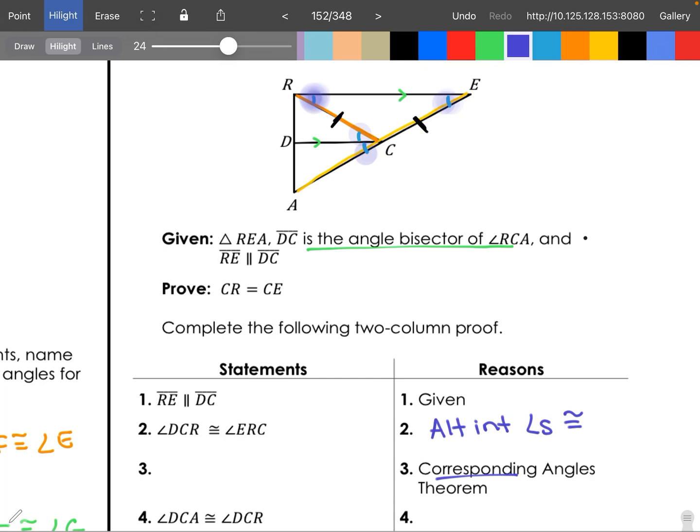Let's name those angles with 3 letters. I can name the top one angle E, but I'd have to name the bottom one with 3 letters, and everything else is named with 3 letters, so I'm going to stick with it.